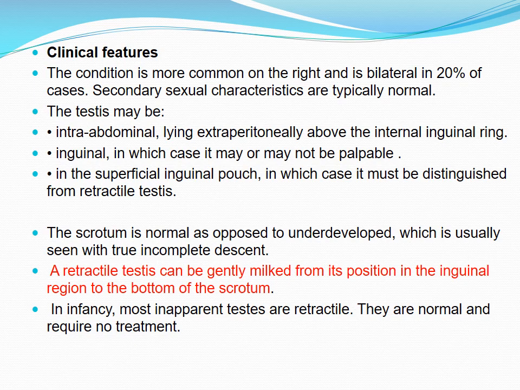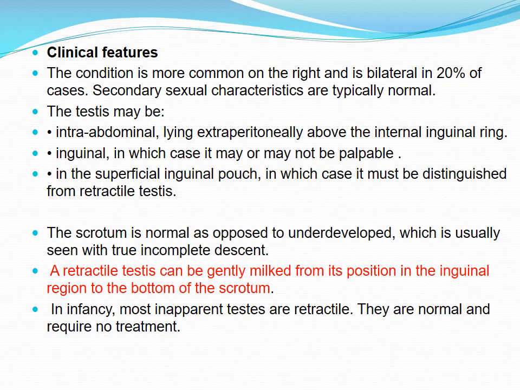Clinical features. The condition is more common on the right side, and may be bilateral in about 20% of cases. Secondary sexual characteristics are typically normal. If unilateral, definitely, because of the other testis.